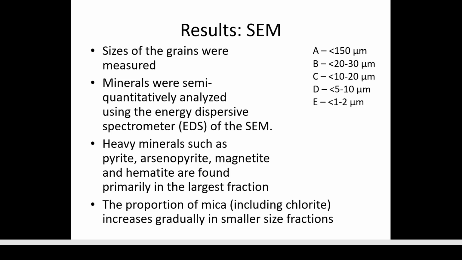Heavy minerals such as pyrite, arsenopyrite, and magnetite were found only in the largest fraction. Therefore, they were centrifuged out extremely early in the process. Our smallest fractions, including D and E, gradually had higher amounts of the smallest size minerals, primarily the micas, including chlorite.